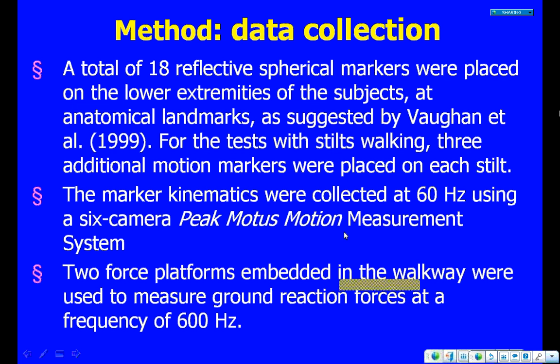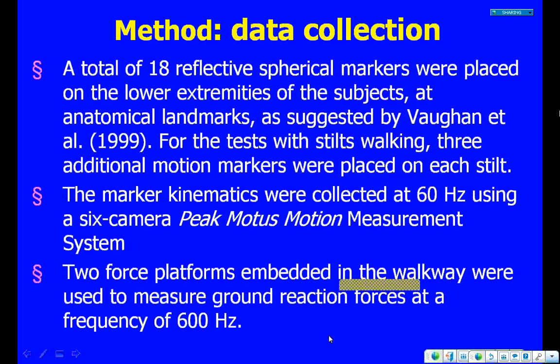The motion kinematics were collected at a frequency of 60 Hertz. Then we used 2 force platforms on the walkway to collect the ground reaction force in all 3D and also one moment around the vertical axis. The force data were collected at 10 times higher frequency than the kinematic data.